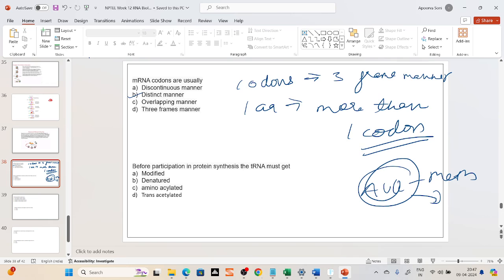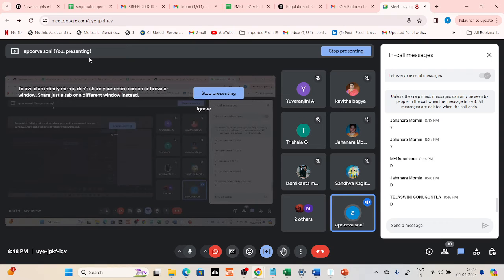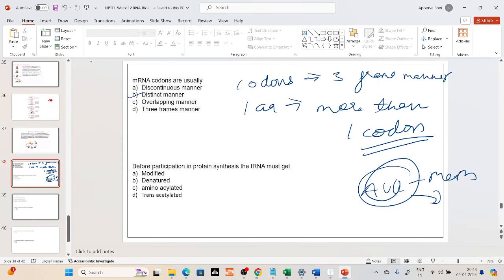One codon is specific for one amino acid only. One amino acid can be coded by more than one codon, but one codon can only code for one amino acid. And this is the most important property of codons. And therefore, these mRNA codons are distinct.